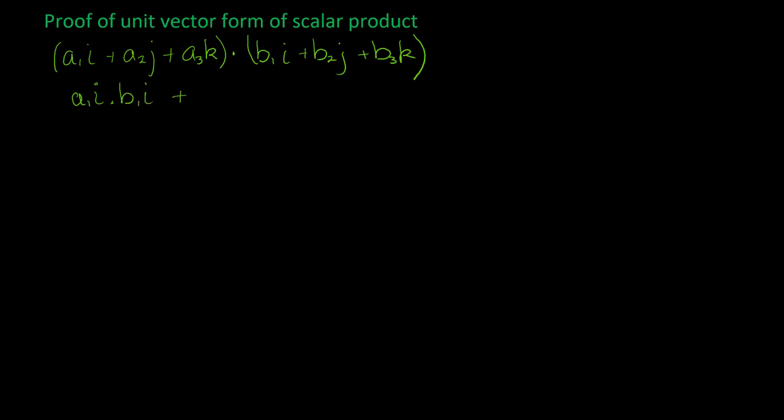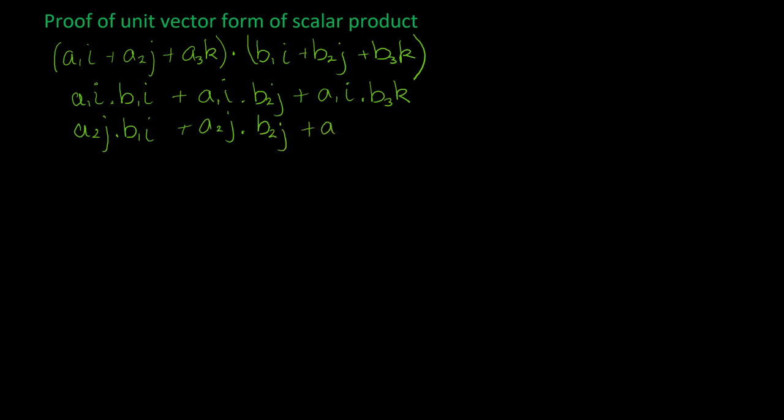So we get A1i dot B1i plus A1i dot B2j plus A1i dot B3k. And then we'd have A2j dot B1i plus A2j dot B2j plus A2j dot B3k.